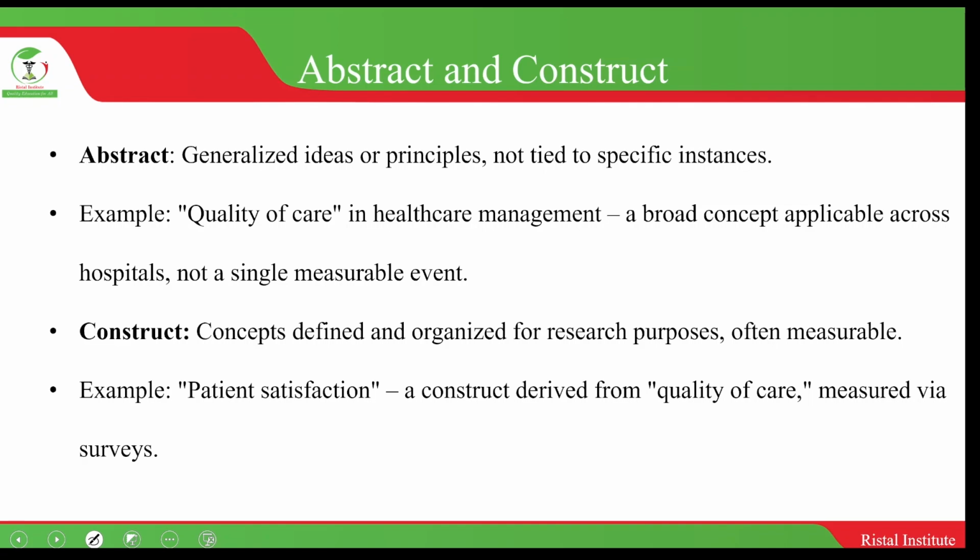So that should be able to link you to what we call variables. All right. The variables can be classified into two: qualitative variables and quantitative variables. Anything that you can measure is what we call a variable.